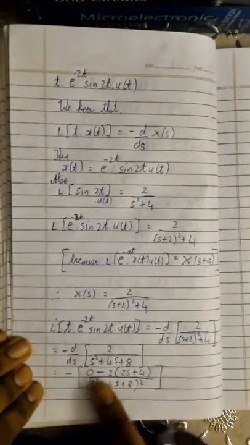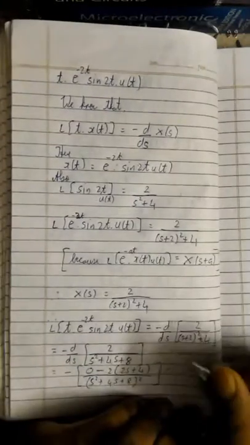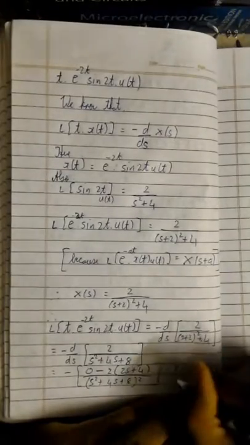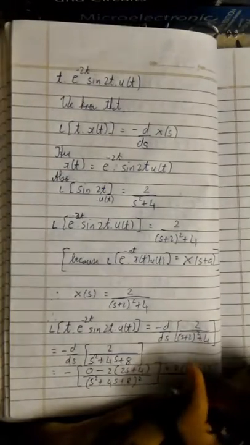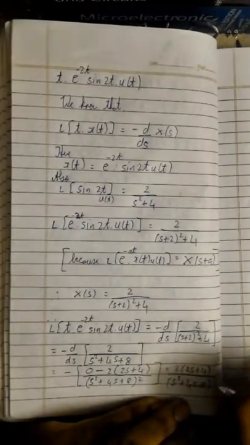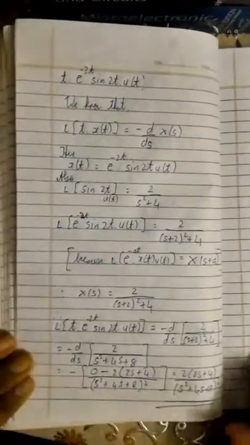Minus of minus becomes plus, so the answer is 2 into 2s plus 4 by s square plus 4s plus 8 the whole square. This is your answer. This is how we do the problem.